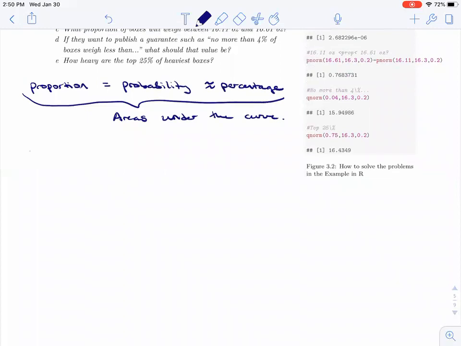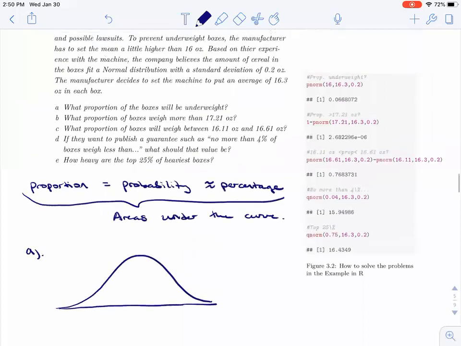So part A, if we start by just sketching it out, get a lay of the land here, we can start with a normal distribution. And we're told that, I'll just put it here, mu is 16.3 and sigma is 0.2.